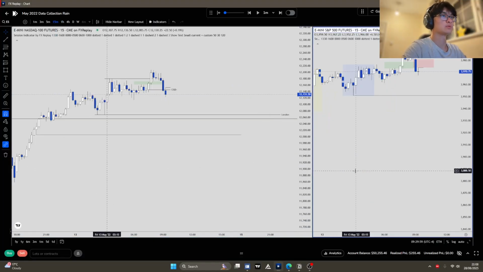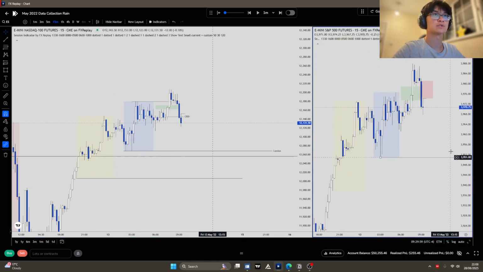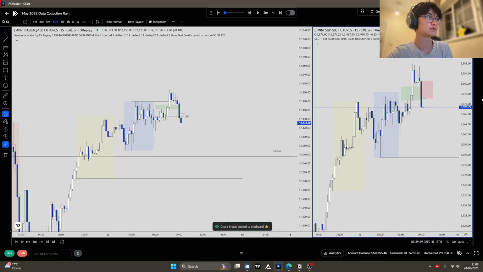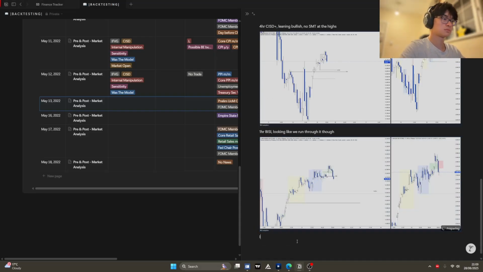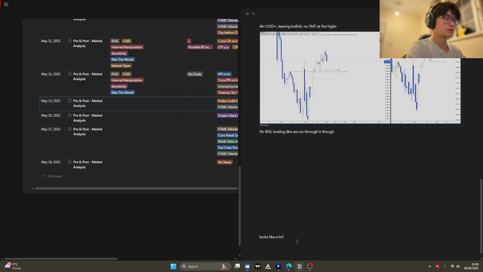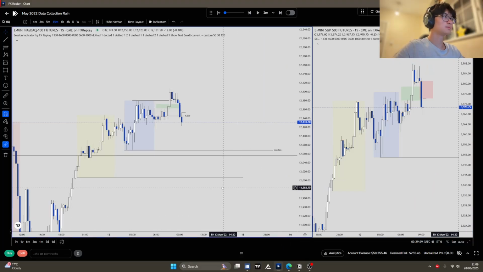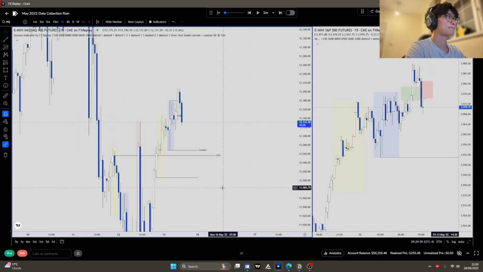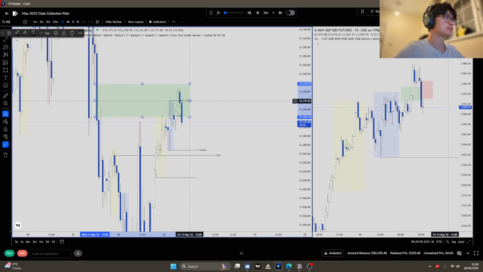And then now we'll go to 15. And especially now I'm just noticing AMD on NQ, looks like a lot. AMD on NQ, less so on ES. Also into a 1-hour FVG.